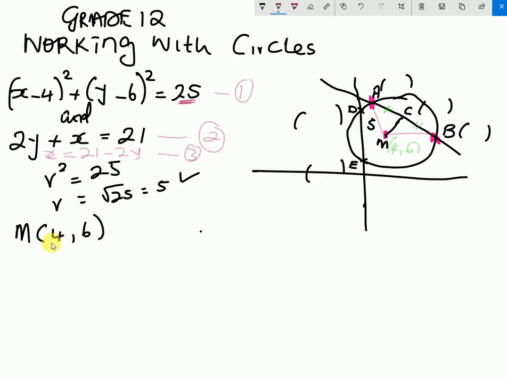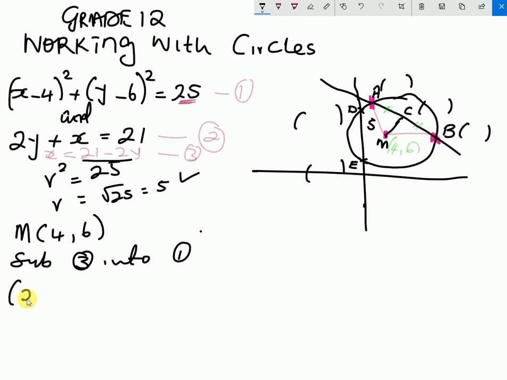Now, people, substitute equation number 3 into equation number 1. Where we see x, then we put this here.